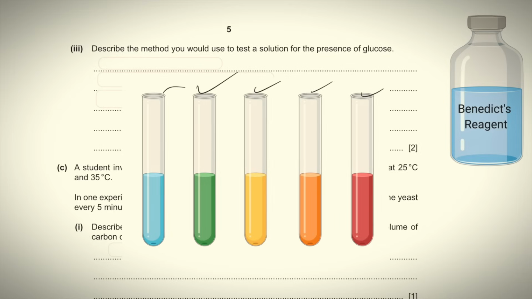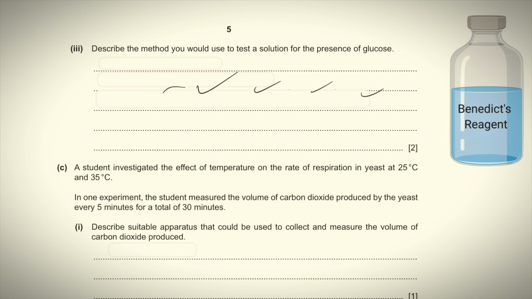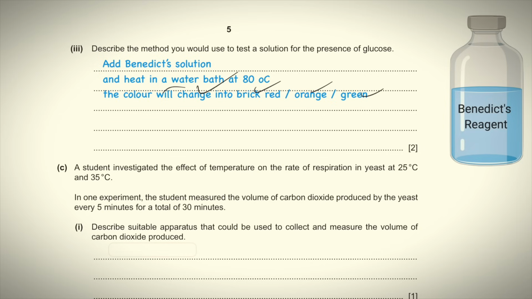So here I'm saying that you could use Benedict's solution to test for the presence of sugar. Don't forget in Benedict's there's always a heating part, right? You need to heat because the test would never work unless there is heating. And usually it is not necessary to mention the temperature, but if you have more marks than those two, I would mention that the water bath should be at 80 degrees Celsius.